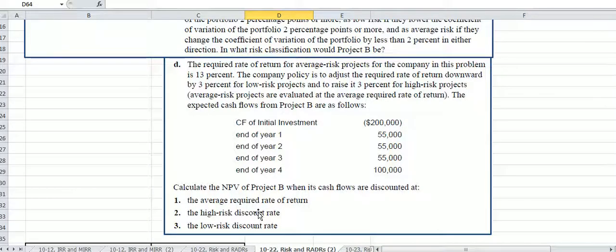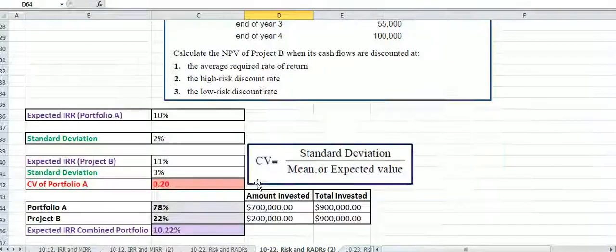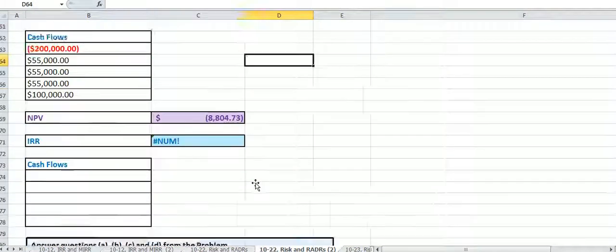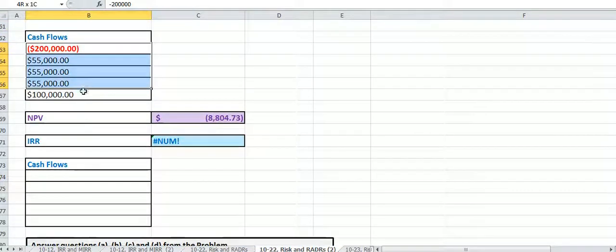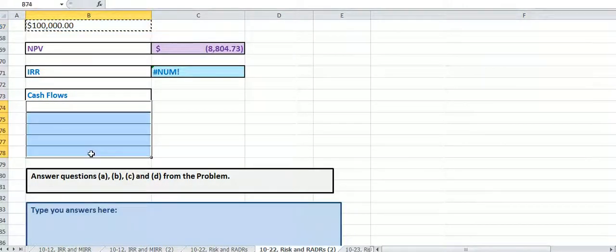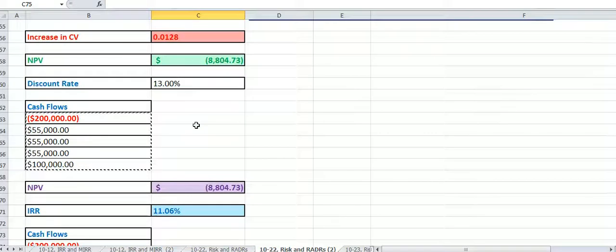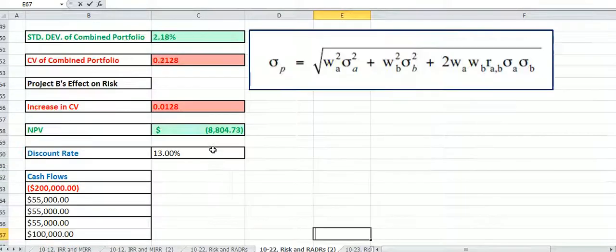Okay, no, we're just going to be calculating the NPV, but we can still look at the internal rate of return by simply putting in these cash flows right here. You can see that at this discount rate of 13%, the net present value is negative, and the internal rate of return is lower than the discount rate. So the average risk discount rate would not be advisable.